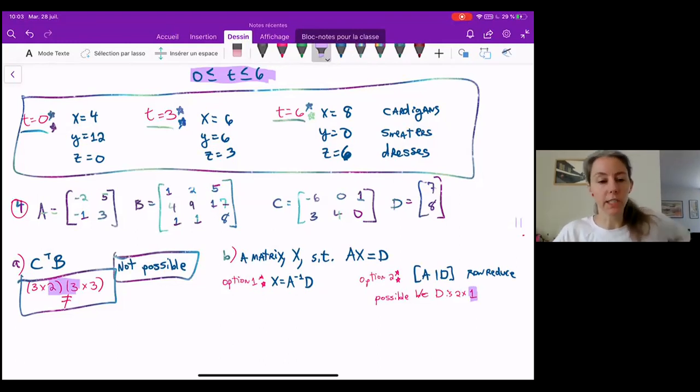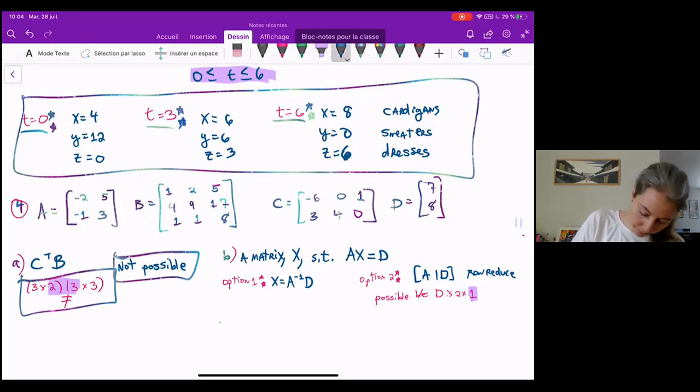So A inverse D, the first thing we want to do is find A inverse. And this is a 2x2, which means that the inverse is going to be pretty straightforward. We have our formula. So A inverse is equal to 1 over the determinant. So that's -6 plus 5. I flip these two, and I multiply these by -1.